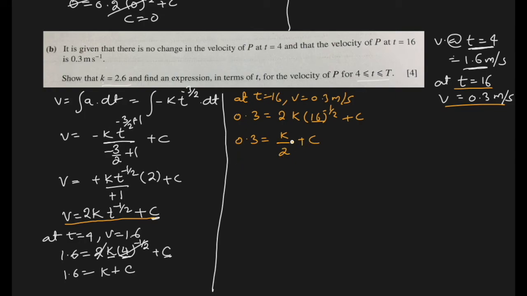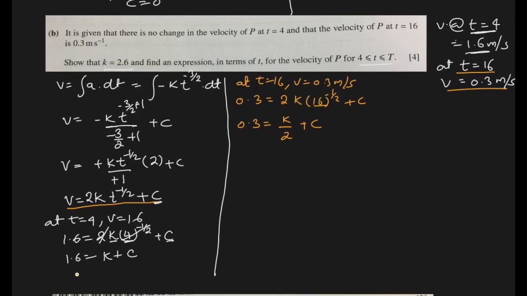So now we have two equations here. Let's subtract one from the other. Let me have some space here. Subtract this one from here. So 1.6 minus 0.3 equal to k minus half k plus c minus c.